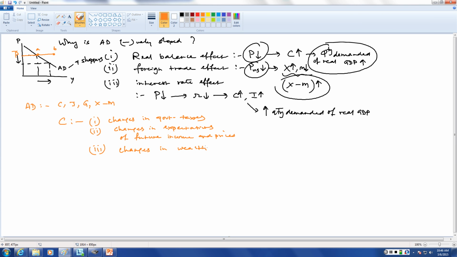So if home values were to go up, for instance, households may feel wealthier. And when they feel wealthier, they go and shop more. A booming stock market might do the same thing, because lots of people own stock. So any increase in household wealth would also trigger an increase in consumption spending. And all of these factors would cause this move from point A to point B here. In other words, all of these would cause the AD curve to shift like this, to the right.